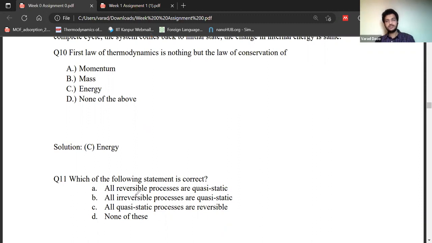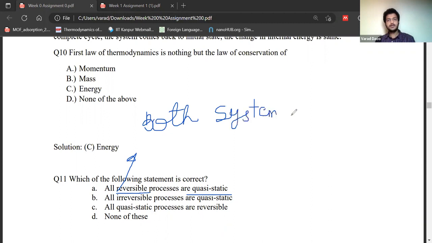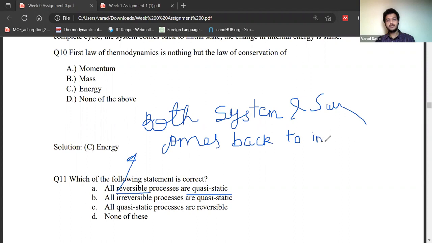So which is the correct answer? Let us first understand what is a reversible process and what is a quasi-static process. So reversible processes are infinitely slow processes, in which both system, this is very important, both system and surrounding come back to the initial position.